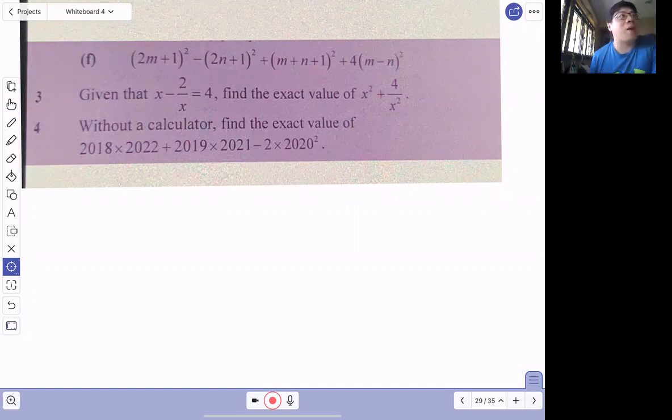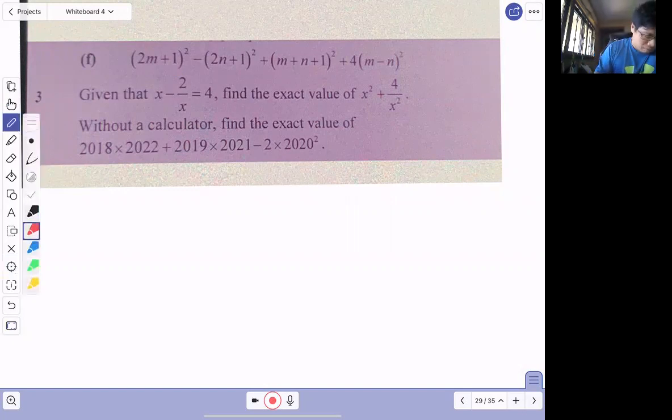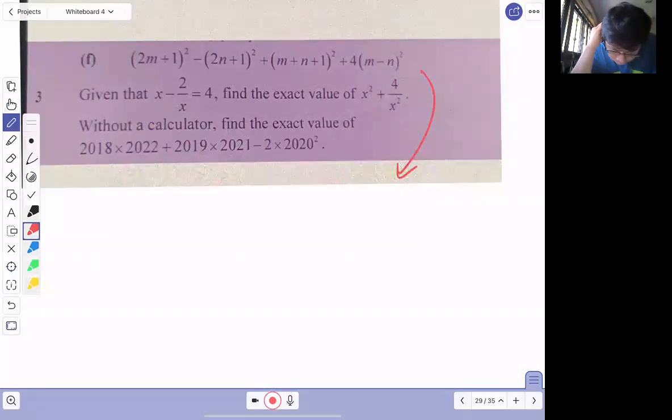If you don't mind, you can just unmute and tell me. Okay, this one, I believe is probably by grouping. Could be by grouping. 2m plus 1 m minus n plus 1 m minus 1.